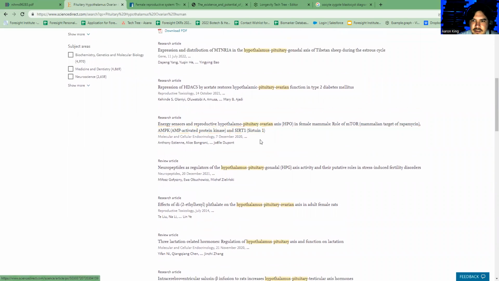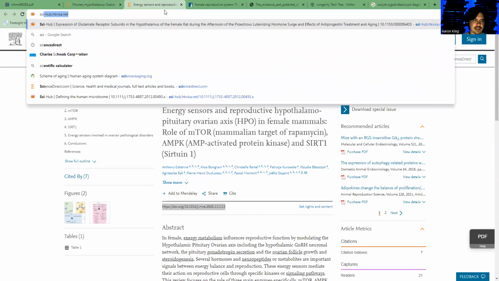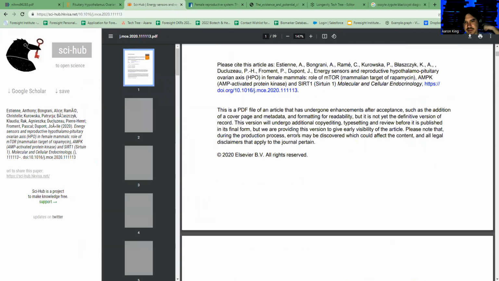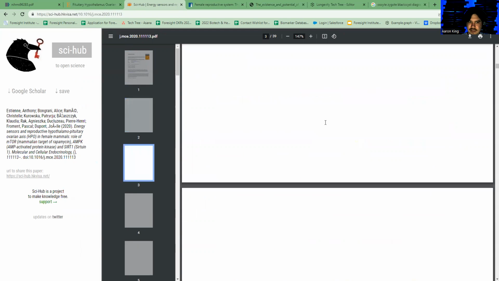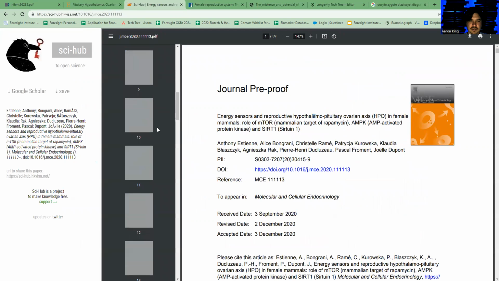Energy sensors in female mammals, role of mTOR, insert one. Jesus Christ. Hypothalamo-pituitary-ovarian axis. Role of mTOR, AMPK. See, what the hell? Everything's tied into this. There's no way that all these people are right about this. Hello.